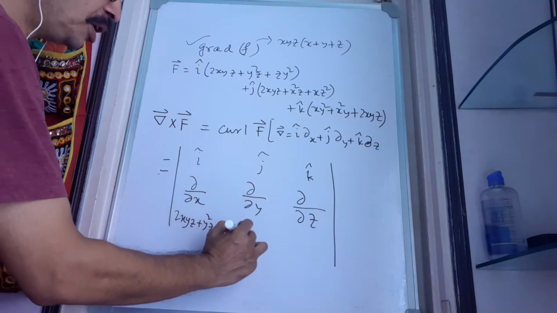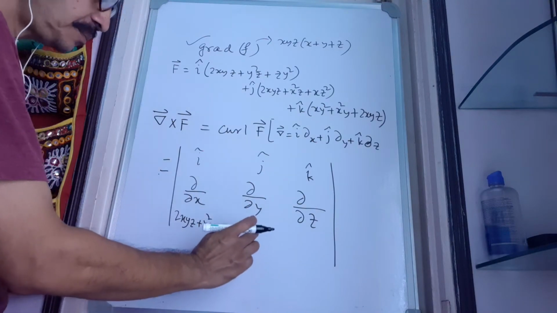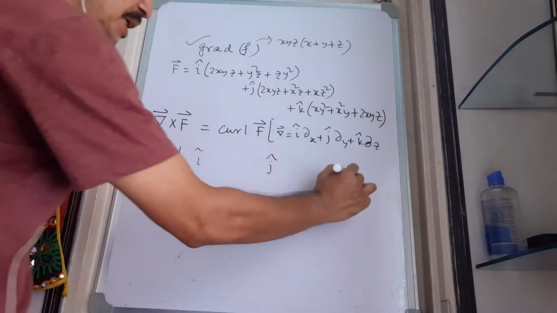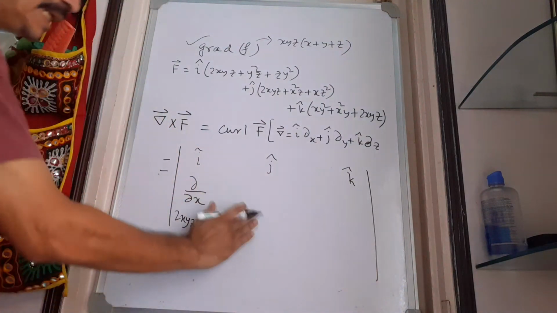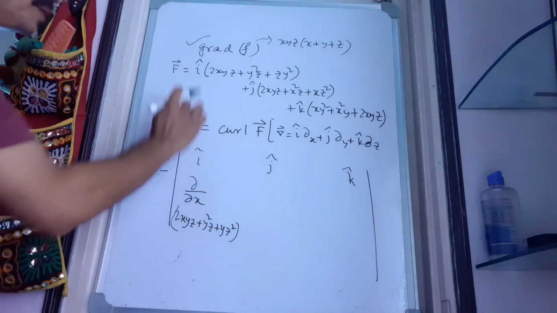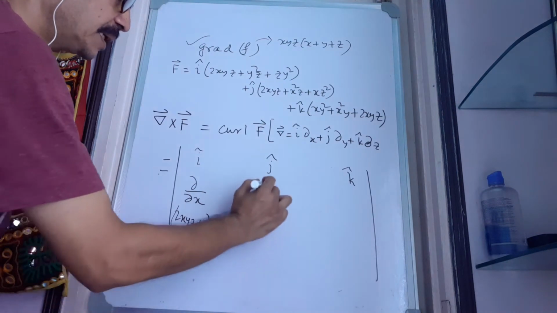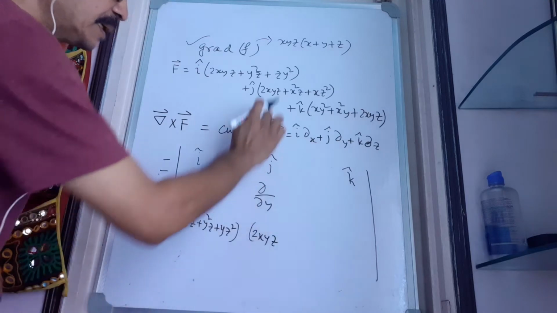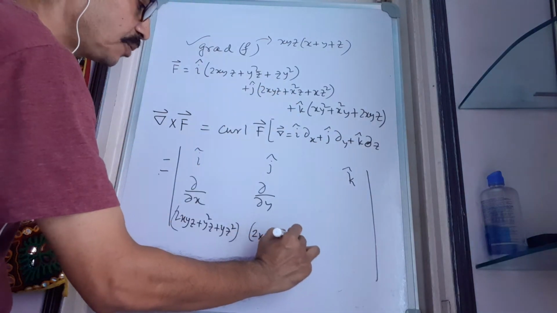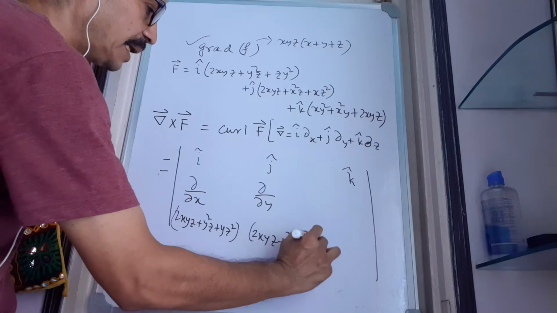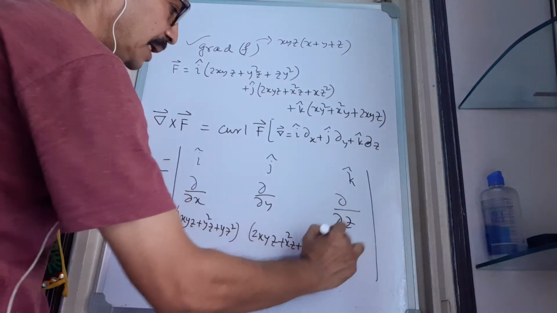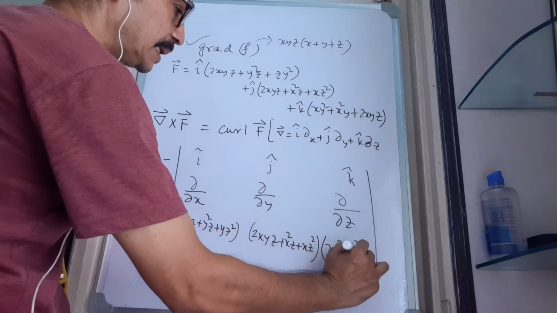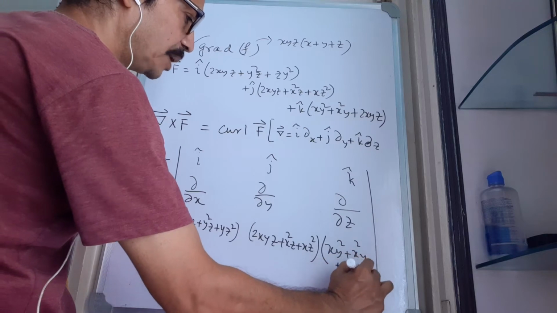Let us write it clearly with proper positioning. This is the first component of F, and the second component of F is x square z plus xz square, and then the third component becomes xy square plus x square y plus 2xyz.